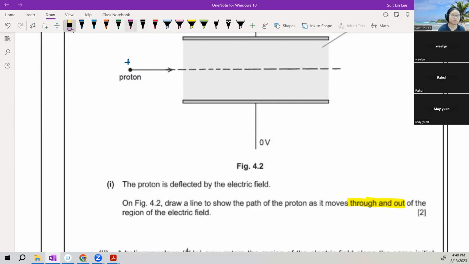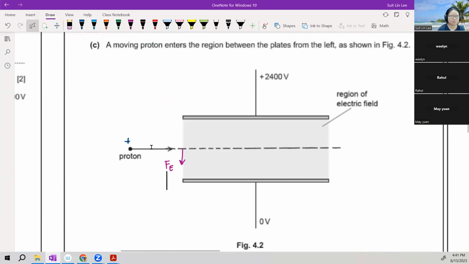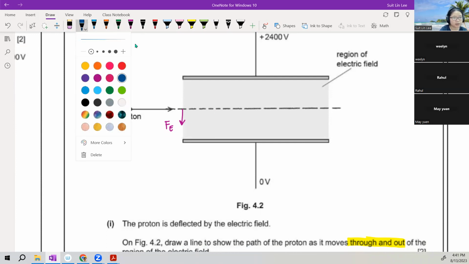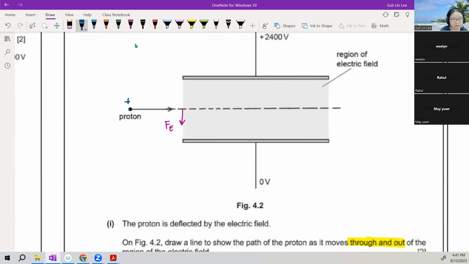But because there is a force, and we know that the direction of the force is pulling it here, the electric force will be pushed away from the positive top plate. So it will push the proton away from the top plate. This means that the proton will deflect downwards, and you need to draw it in such a way where it exits, like leaves the plate lor.